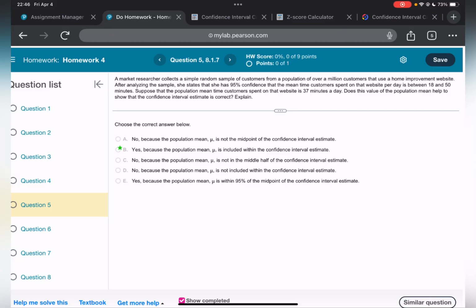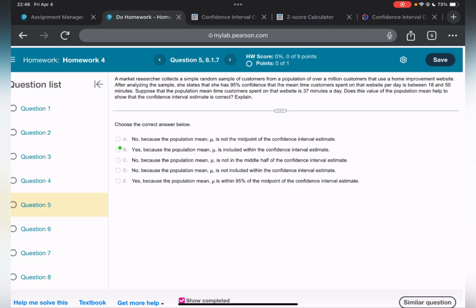So I'm not going through the rest. The rest cannot be similar. A is nonsense because it says the mean is not a midpoint in the confidence interval. We are not looking for the midpoint. We are just looking for whether the number is within the confidence interval.